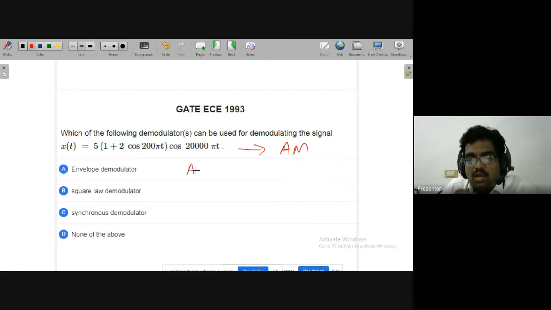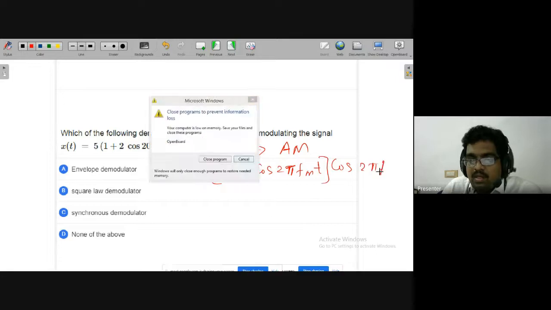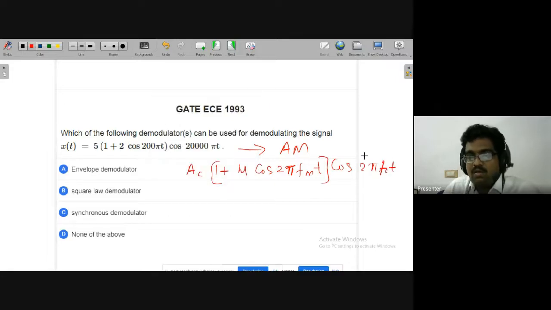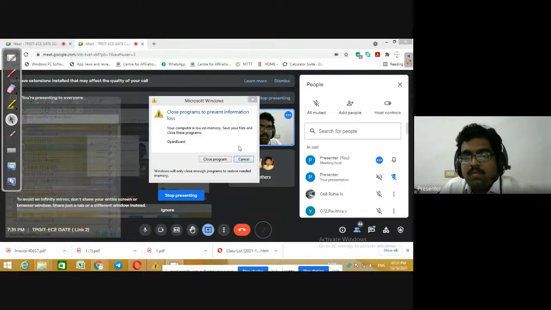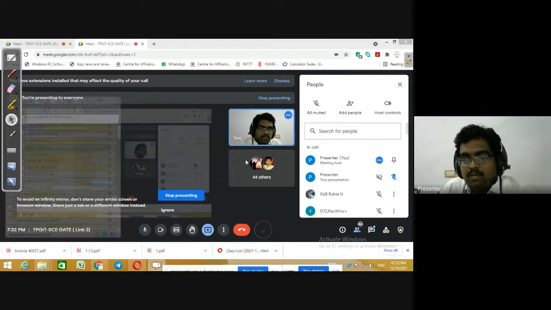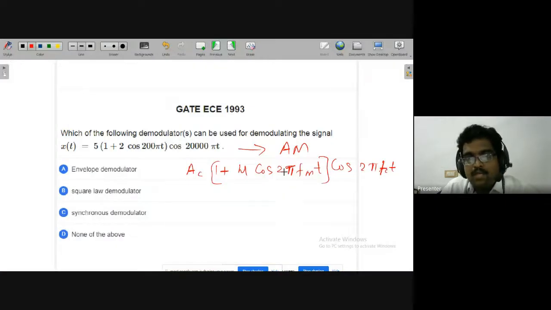To recall the formula, Ac 1 plus mu cos 2 pi fmt, then cos 2 pi fct. It asks which of the following demodulators we can use.